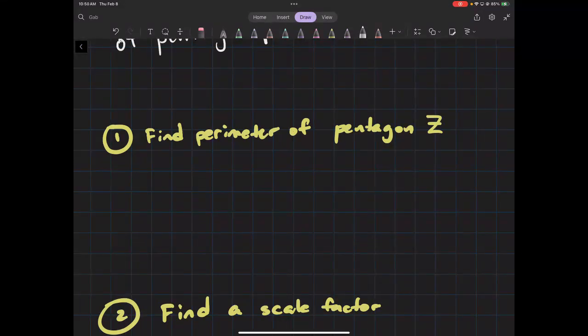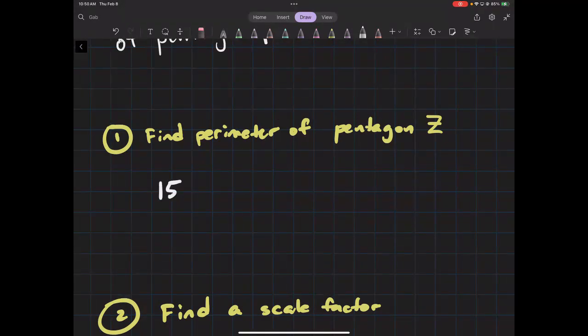They usually give you one with all the sides, and then one with barely anything. Take the polygon with all the sides, find what they're asking from you, either area or perimeter. In this case it's perimeter. So how do we find perimeter again? Add them all up. What am I adding up? The sides.